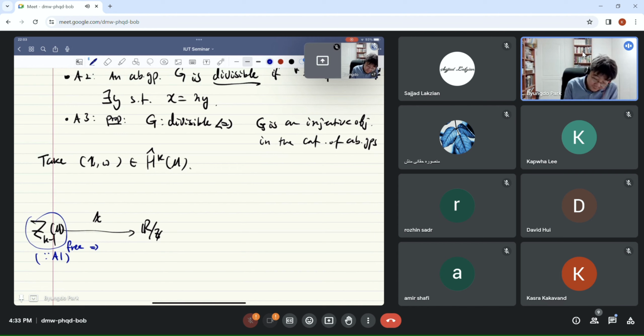If the group is free, then this is a projective module.